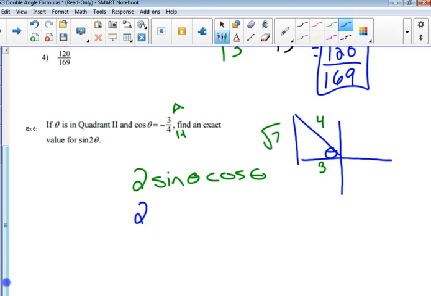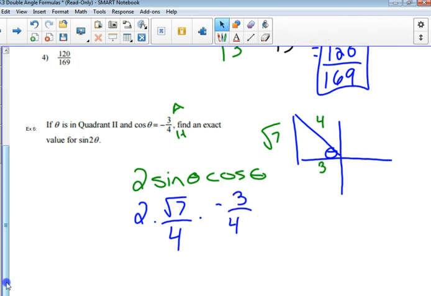What are you guys putting in for your sine theta? Radical 7 over 4, nice. Oh, this looks good. Should that radical 7 over 4 be positive or negative in that second quadrant?